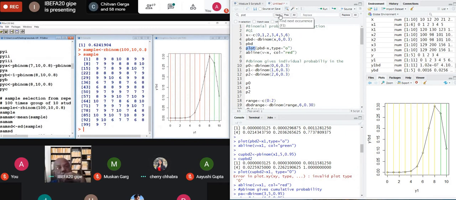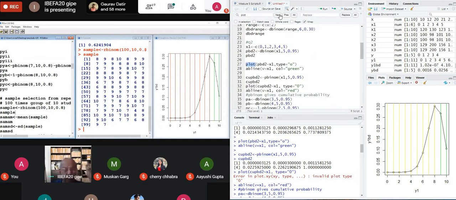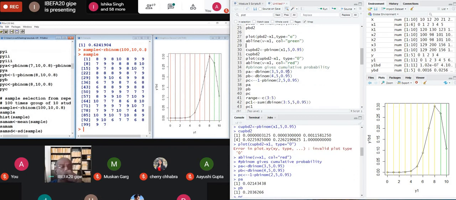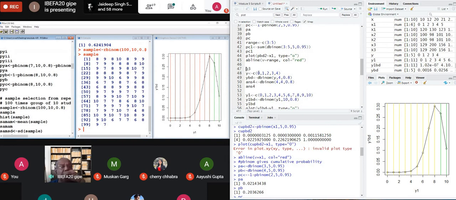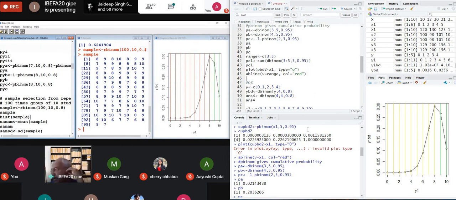Yes, sir. Can't I plot a histogram for this? So we can. Could you please repeat the success part again? What are these numbers? I am selecting a sample of 10, that is the part in the question, correct?